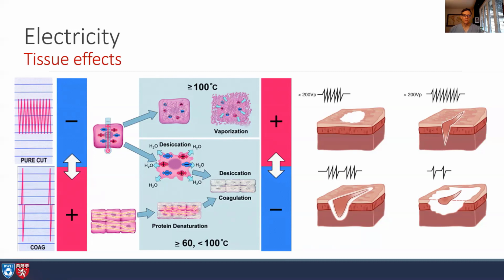And this can be used for hemostasis, vessel sealing, tissue coagulation. And you can see there's an exception to this in the upper right here, this left-hand tissue sample. This is a sinusoidal wave of less than 200 peak volts, and that doesn't reach the level needed for cutting, so you can actually coagulate here with the sinusoidal wave of lower voltage. So that's that basic principle.